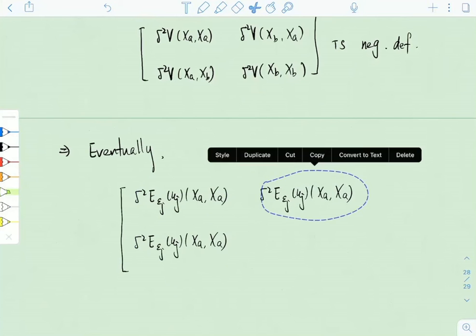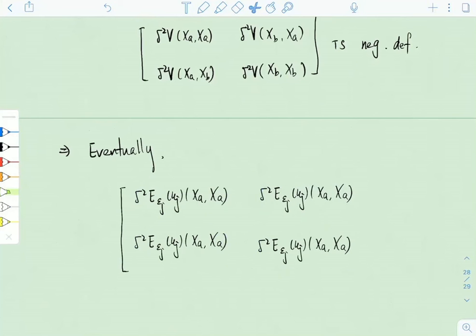That's cheating, but it's really nice to be able to do that. So this is negative definite. Okay, and that's step 3.